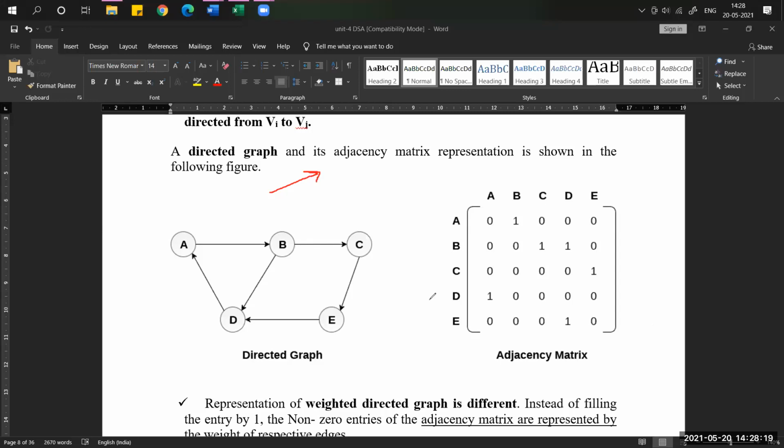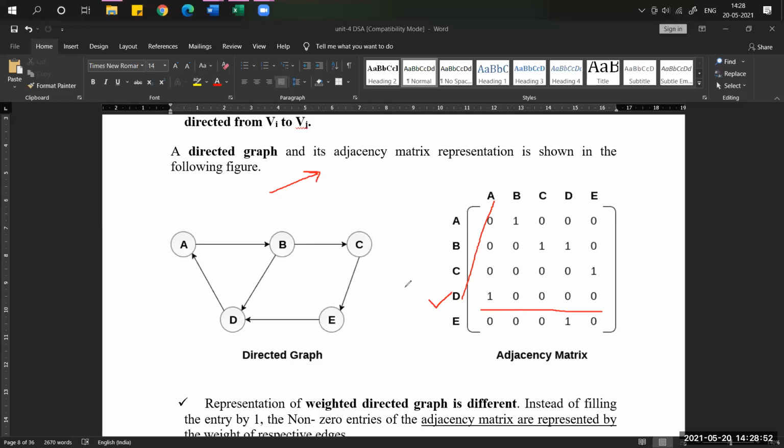For example, I'm going to choose row D. So D to A. First you have to check D to A. Is there any direction from D to A? Yes, there is an edge from D to A. This edge is going from D to A. That's why we kept 1 here.